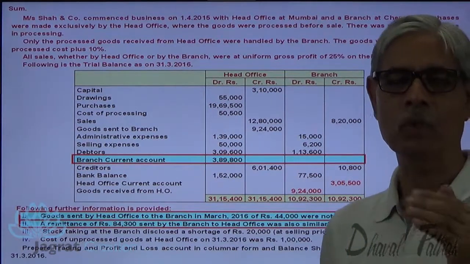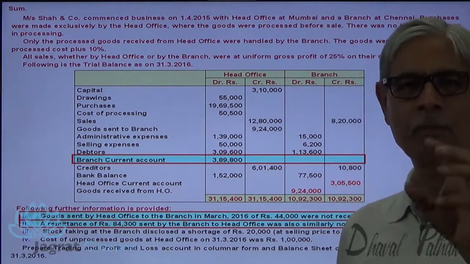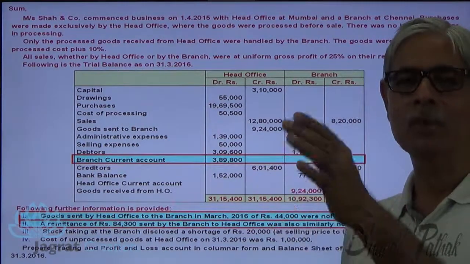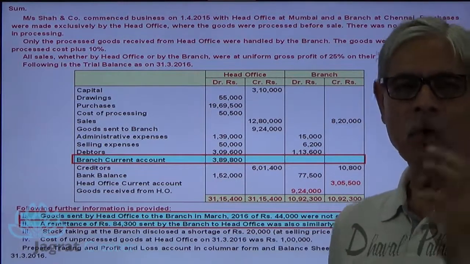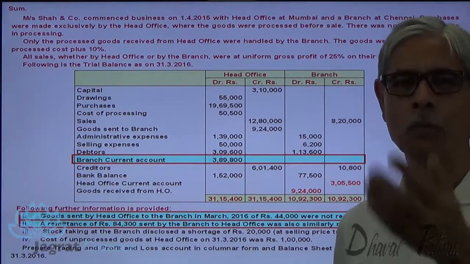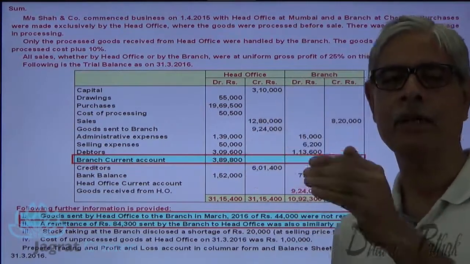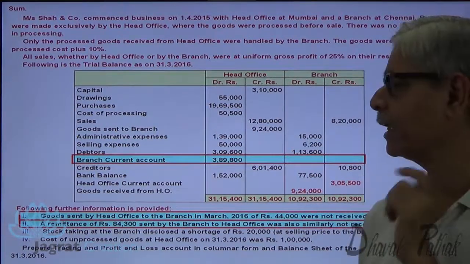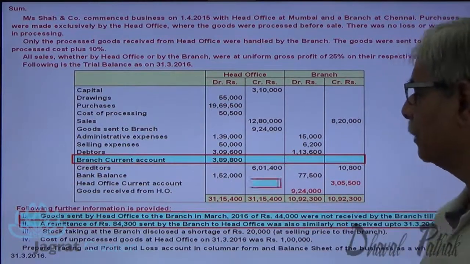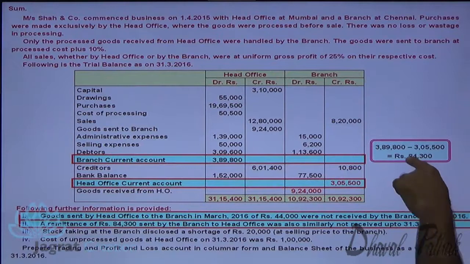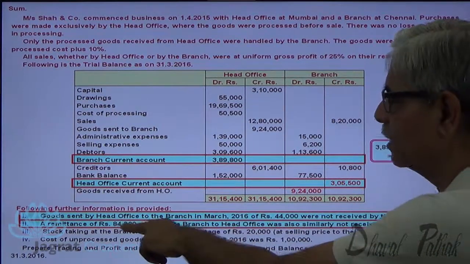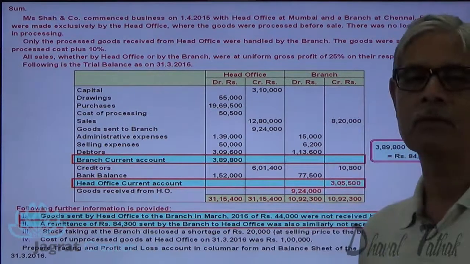The balance in the books of branch of HO account, and the balance in books of HO of branch account, should agree. Because whatever is given by HO to branch is said to have been received by the branch. So the balance should agree. Here there is a disagreement in the balance. So what is the difference? If you work out the difference between the two, 84,300 is the difference. So this 84,300 is confirmed by this 84,300.